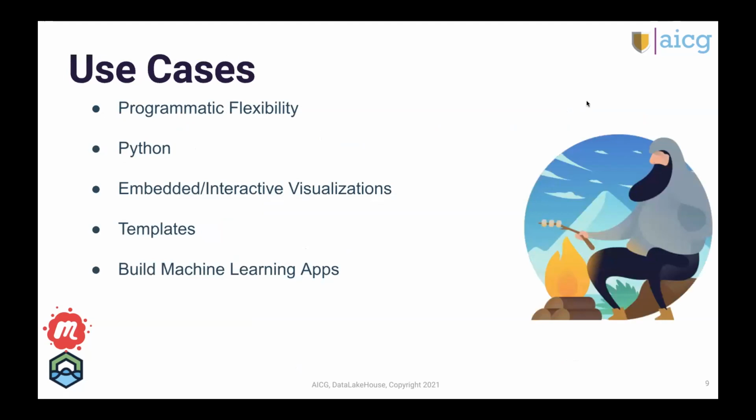Like I mentioned, Streamlit has a lot of programmatic flexibility. If you're familiar with R Shiny, it's a tool very similar to that, where you can create very interactive visualizations that business users are able to use.